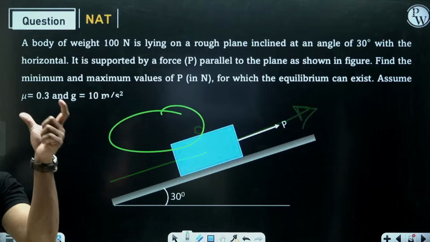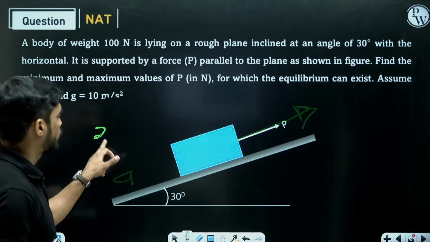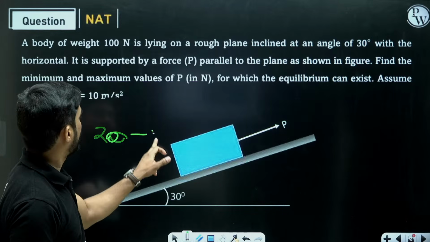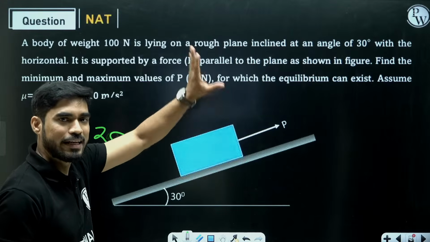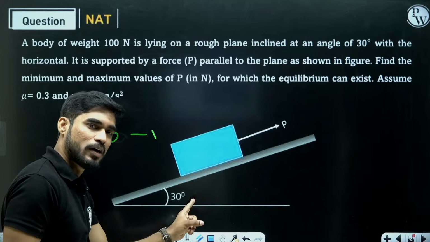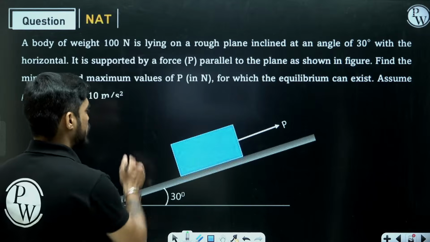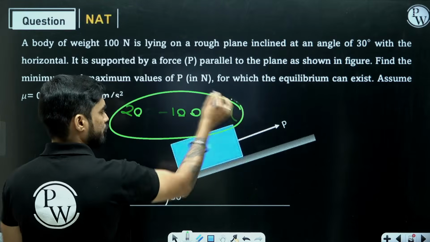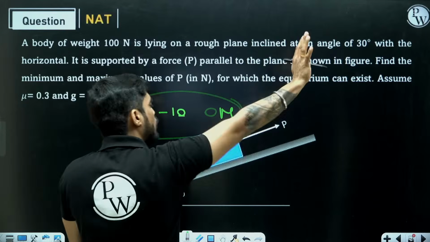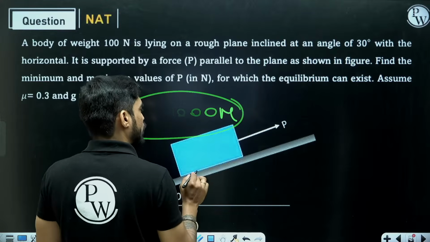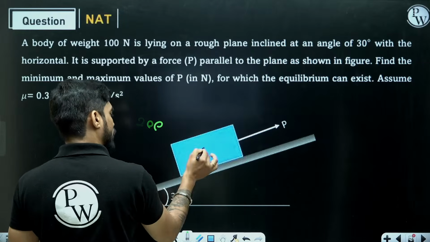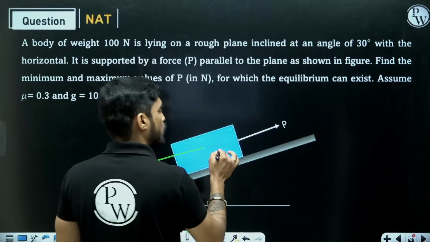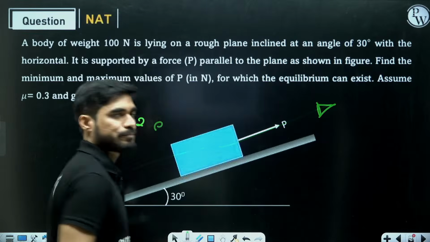So this is the range of P, 200 to 1000, for which the block will be in equilibrium. Minimum 200, maximum 1000. Neither will it go down nor go up.